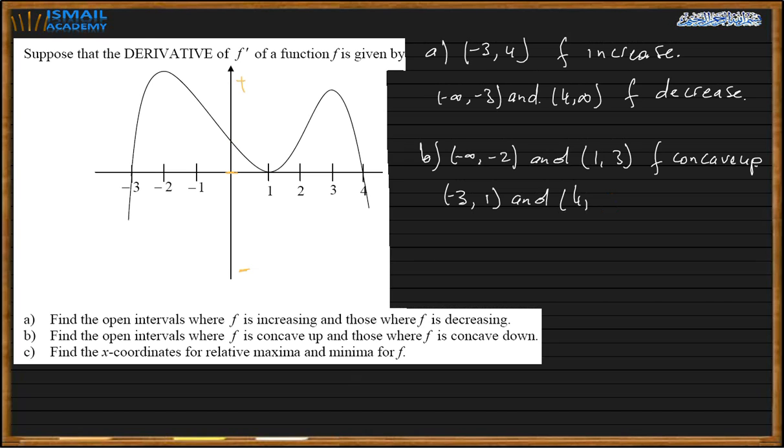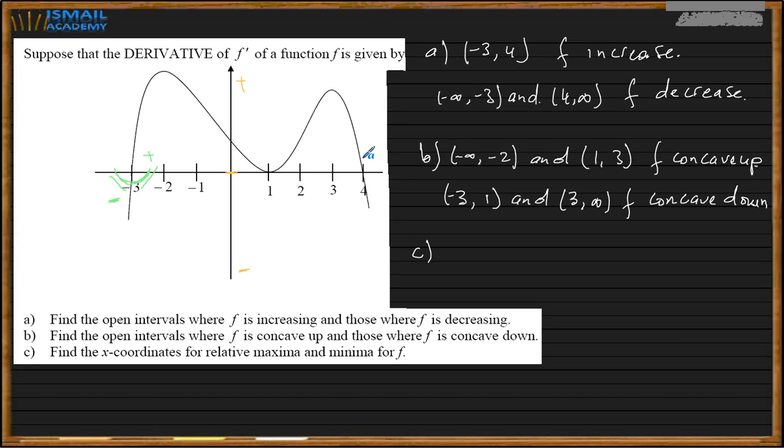And the last question: find the x-coordinate of the relative max and min. You see here, this is positive. This is increasing at minus 3. That means this is a relative min. Here there is no change, it's positive on both sides.